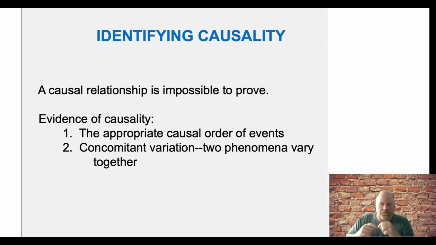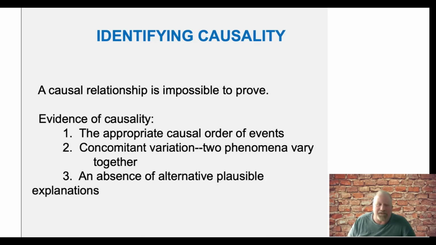So what we see is a causality between the two phenomena. The two phenomena vary together. And that's what we call concomitant variation. So the first is the order of events. The second is that the two move together the way they're supposed to. Lastly, an absence of alternative plausible explanations. So we may have one and two, but not three.